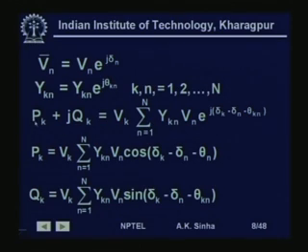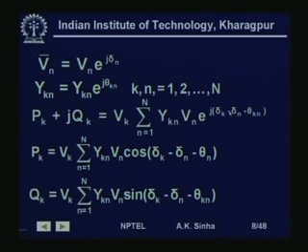then we will write the power injection, or complex power injection at bus k, as P k plus j Q k is equal to V k summation n is equal to 1 to capital N y k n V n, where y k n and V n are the magnitude values of the admittance element k n and the voltage phasor at bus n, e to the power j (delta k minus delta n minus theta k n).